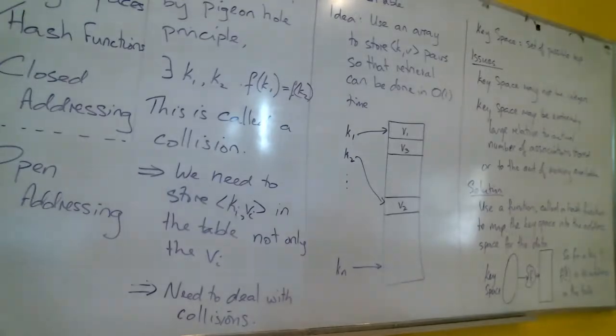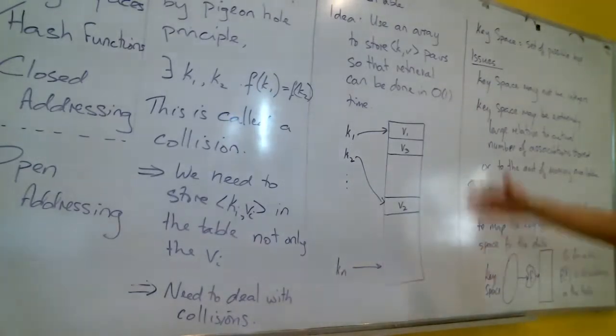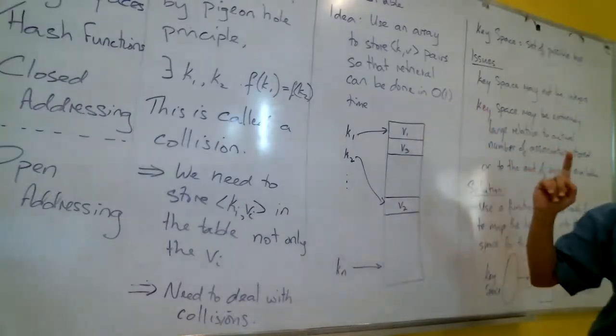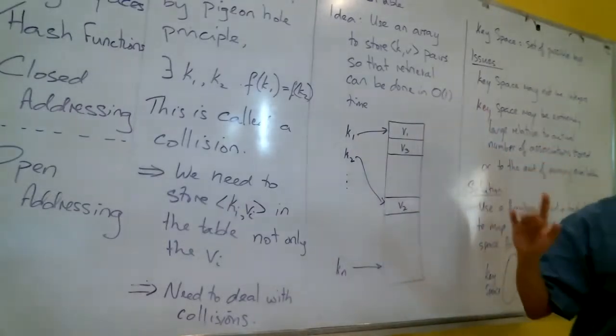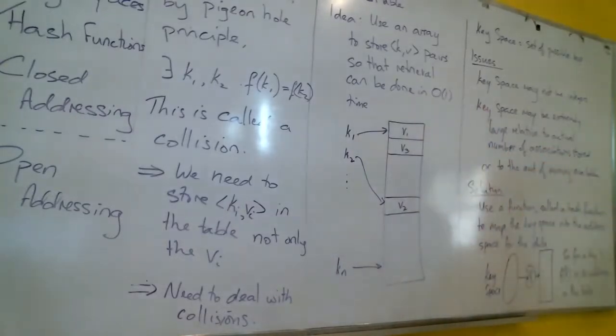So here's the deal. What I'll do in this class is that I will always refer to closed address hashing to mean what I just said, that the table is a collection of buckets. I'm going to draw a picture for that soon. I'm going to illustrate how that works and talk about the implications and all of that.